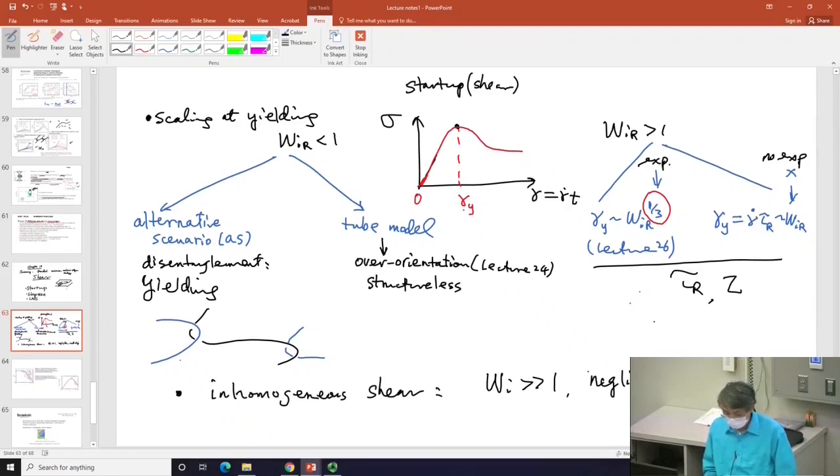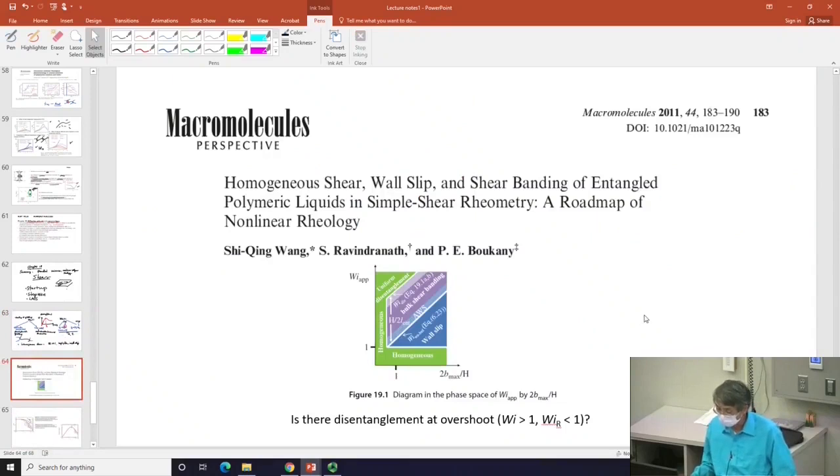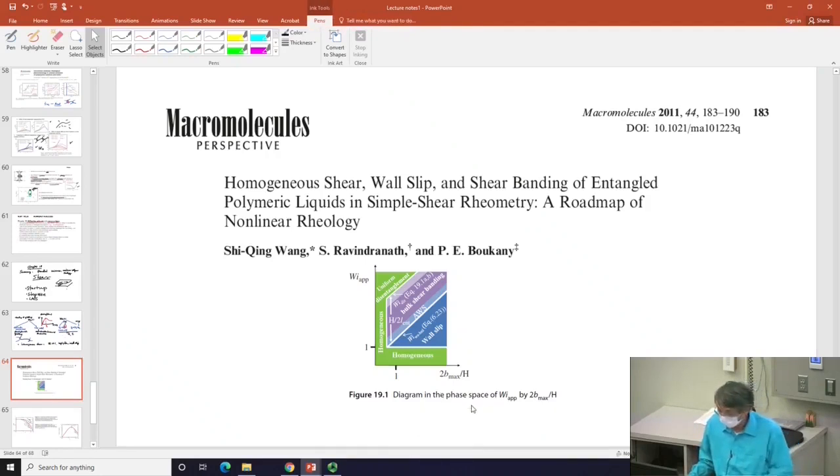And the way it is accounted for is described in this slide. This actually belongs to chapter 19, which we will sort of skip.